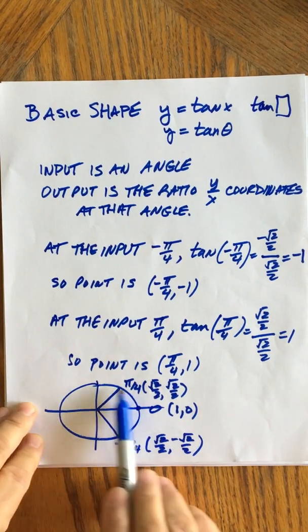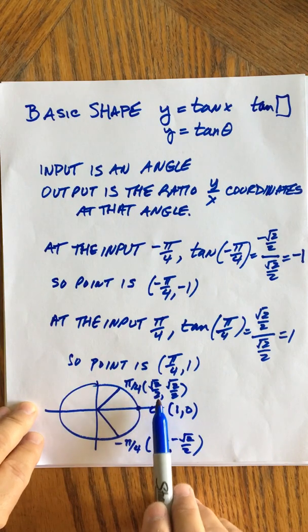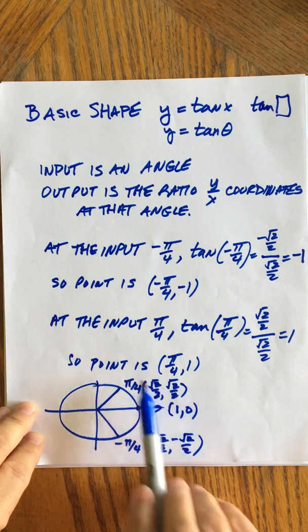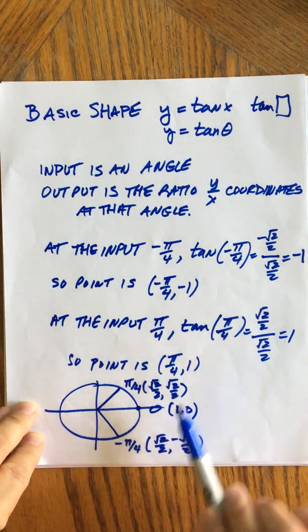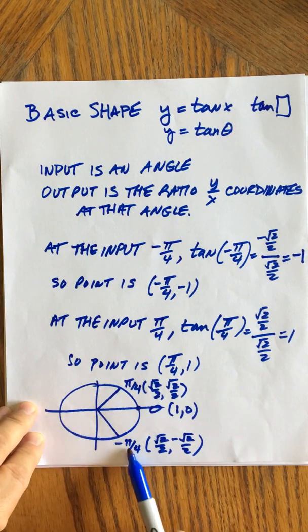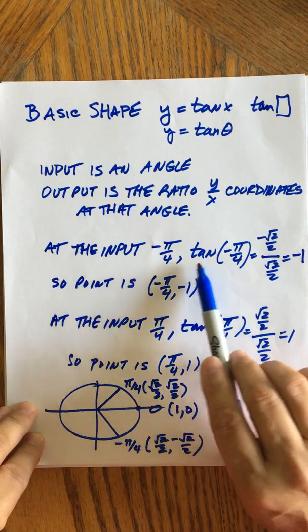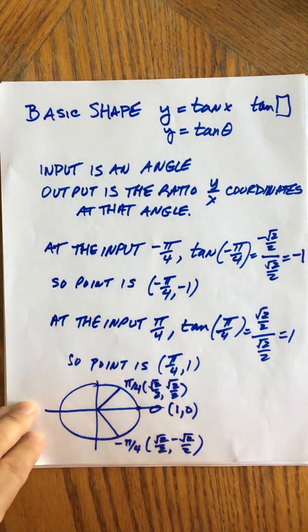So when you look at the unit circle at pi over 4, you have coordinates square root 2 over 2 and square root 2 over 2. So when the input is pi over 4, you take the tangent of pi over 4, which is y over x, and you'll get 1. And if your input is negative pi over 4, then tangent of negative pi over 4 is y divided by x, and that will be negative 1.